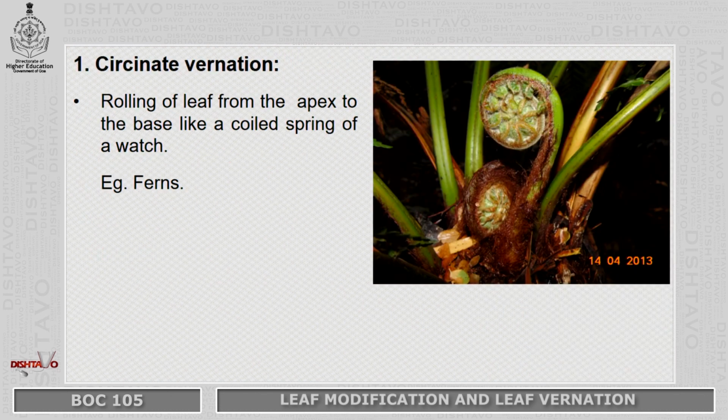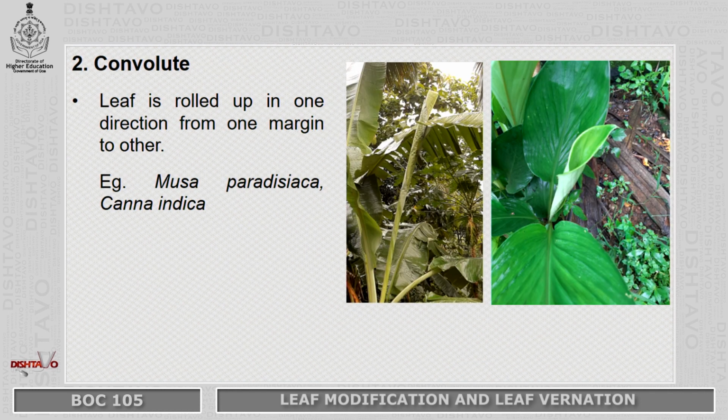What is a circinate vernation? You must have seen this type of structure in fern leaves, of course in the young leaves. Rolling of the leaf from the apex to the base like a coiled spring of a watch is called the circinate vernation.